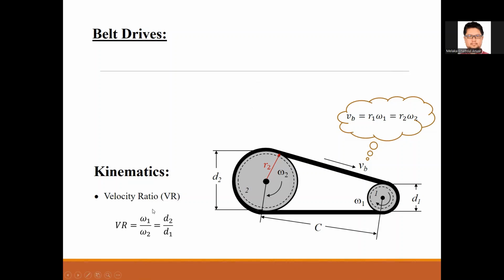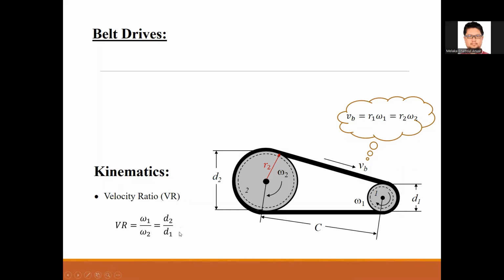Usually we start with the angular velocity. Then from there you can identify the equivalent ratio if you are using the size, in this case the diameter. You can go with diameter or with the radius.